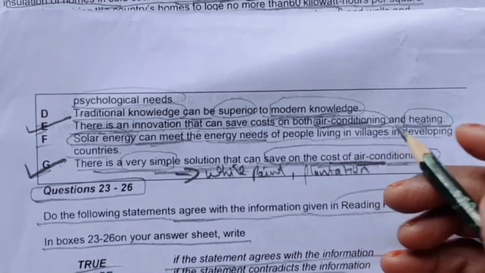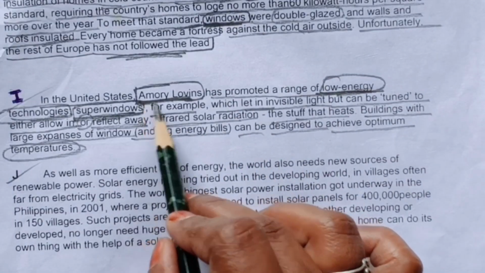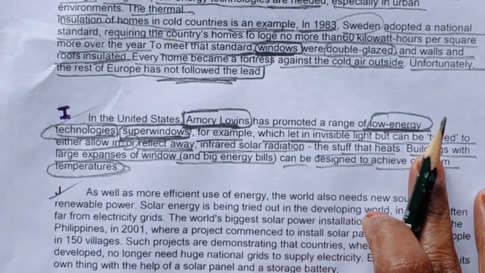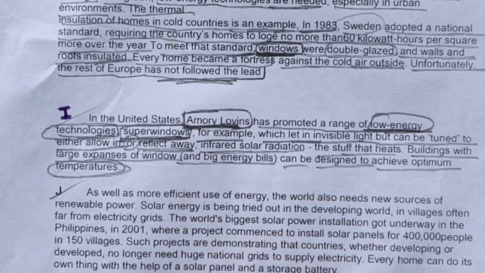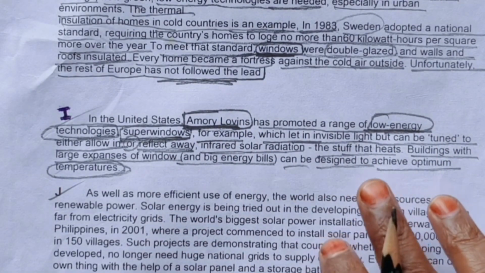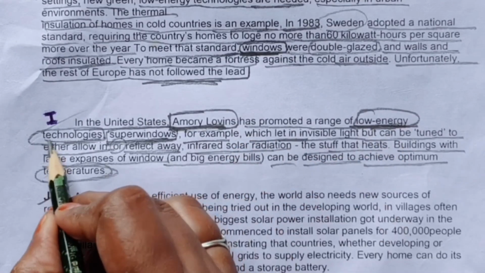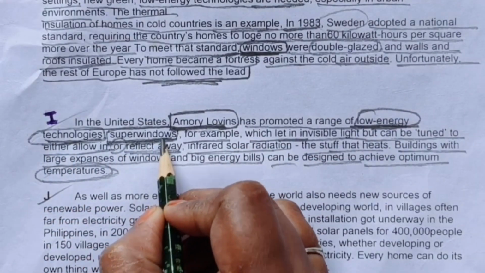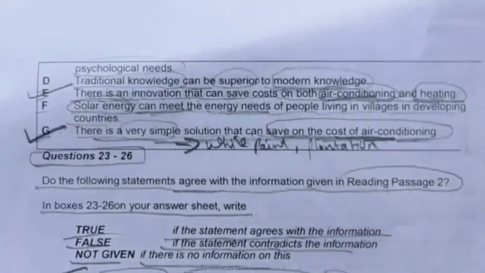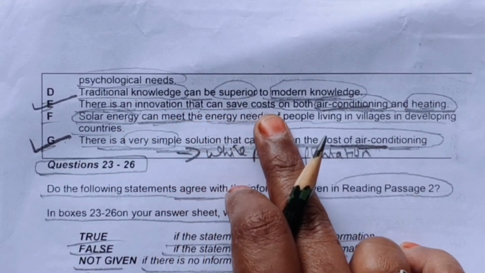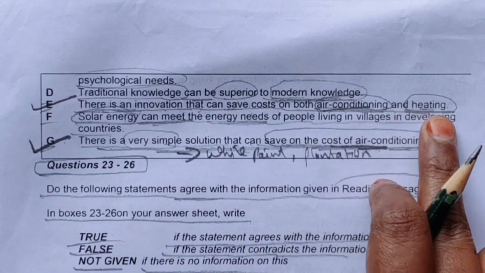So these lines were spoken by Amory Lovins. And we found this, so we are getting our answer from here. Low energy technologies, super windows, innovation. They are talking about there is an innovation that can save cost on both air conditioning and heating.